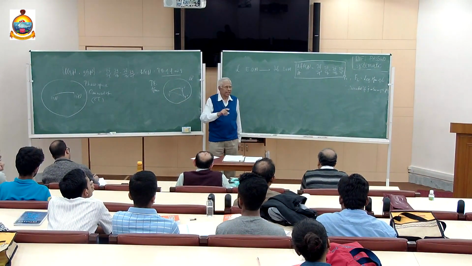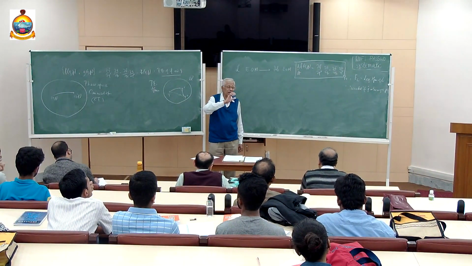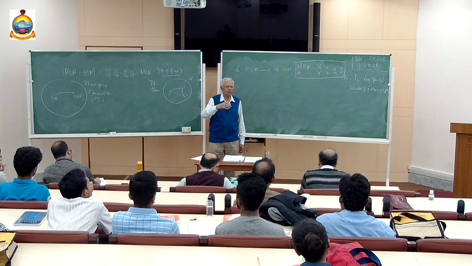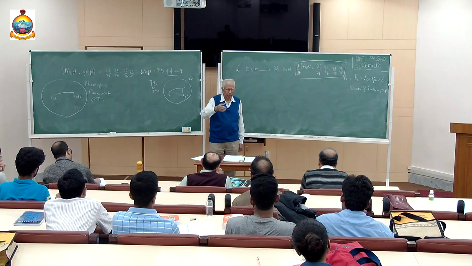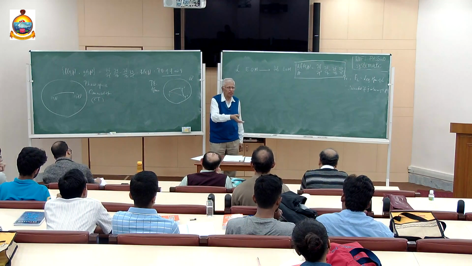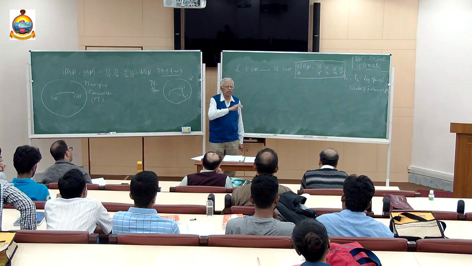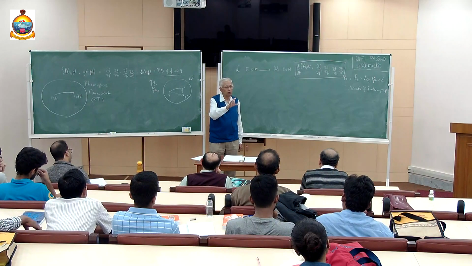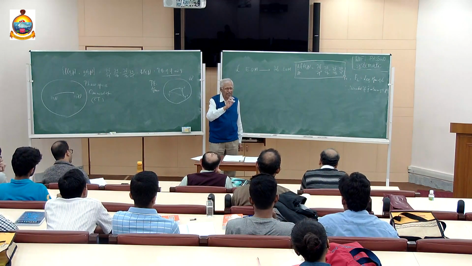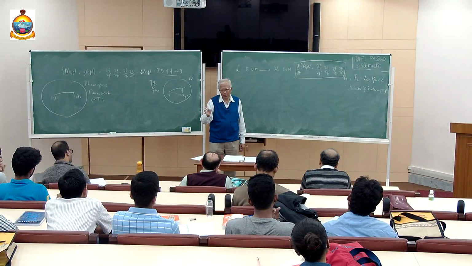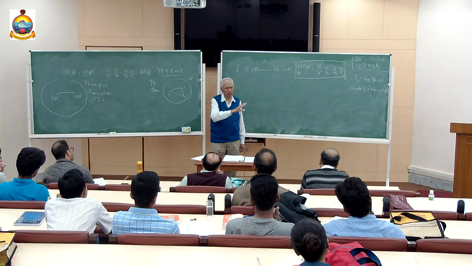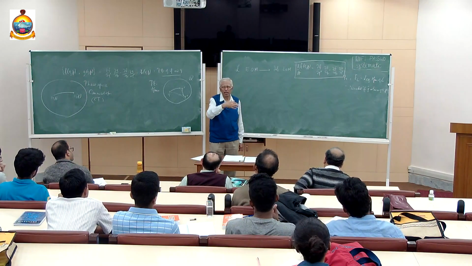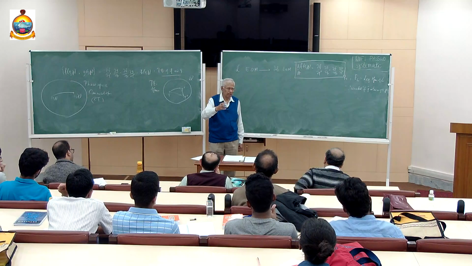When you go to phase space, it is not true that any mapping of phase space onto itself will preserve Hamilton's equations of motion. If you have a mapping of phase space onto itself and you ask, will it preserve Hamilton's equations of motion? Invariably the answer will be no. There are very special kinds of transformations of phase space onto itself which will preserve Hamilton's equations of motion, in the sense that they will allow you to define a new Hamiltonian.